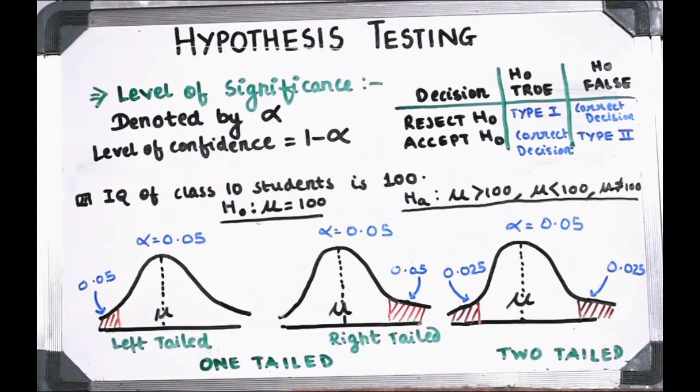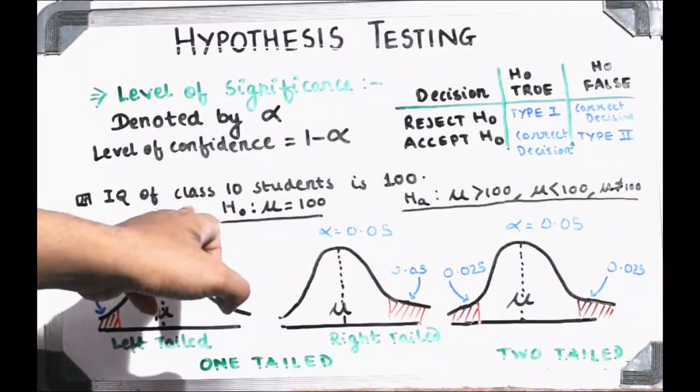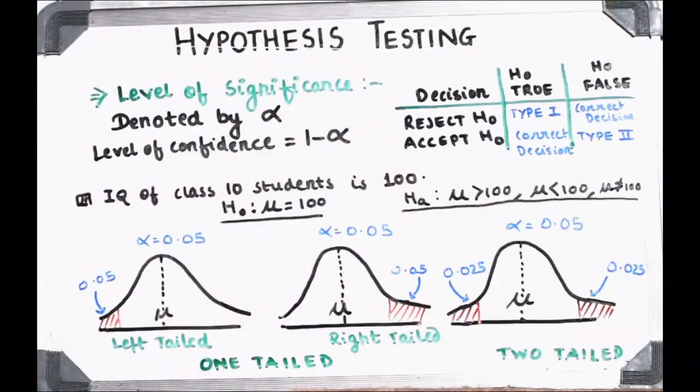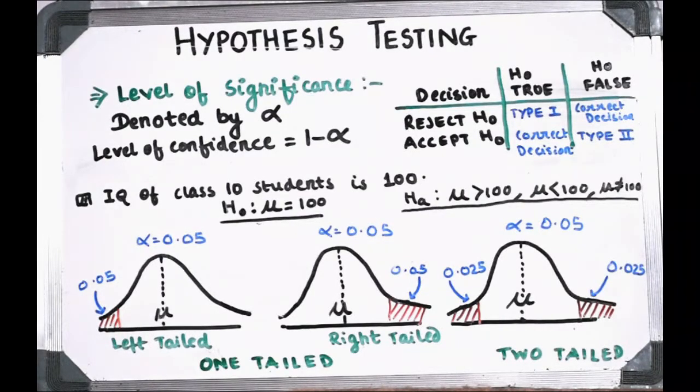The IQ of class 10 students is 100. This is an accepted value, which means this is the null hypothesis. We are considering that the IQ of class 10 students is 100. This is the currently accepted value. But a researcher comes up and says that this is not correct.